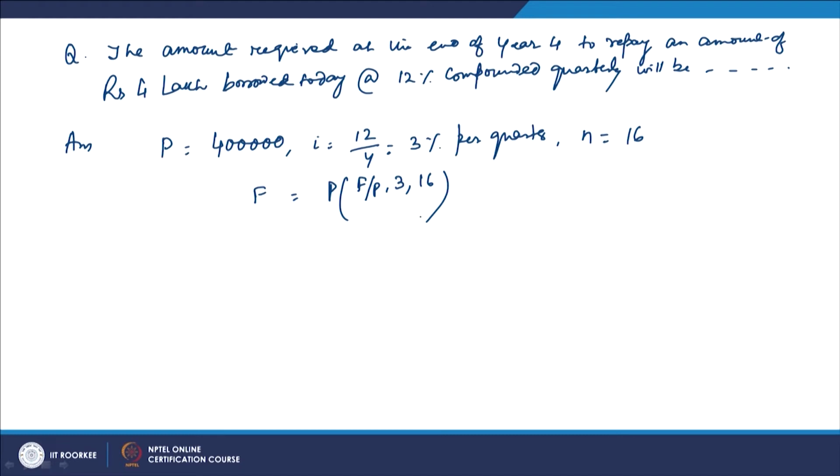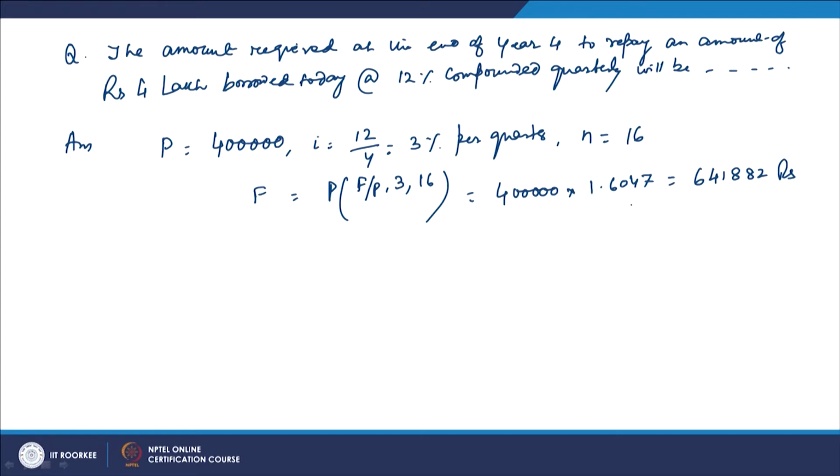This factor you can get from the table, and it comes as 1.6047. So, you have 4 lakh multiplied by 1.6047, which comes to something close to 641,882 rupees.